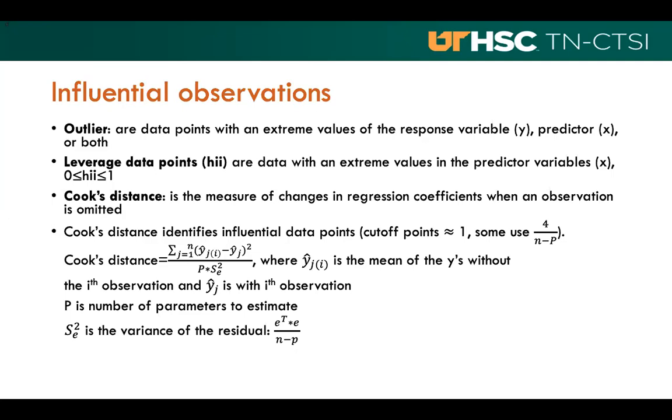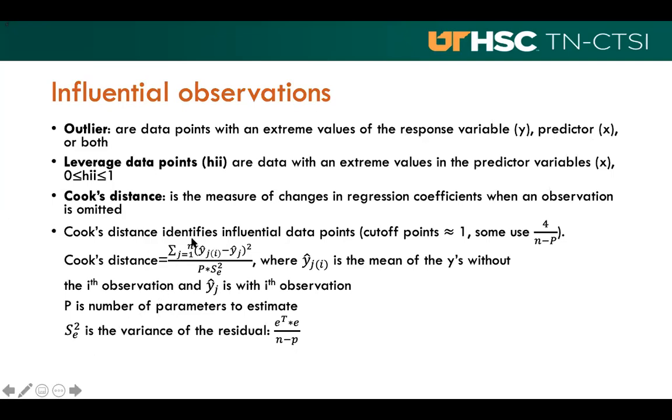So we estimate the intercept and the coefficient for the X variable, which is 2 parameters. If we have a sample size of 100, the cutoff point for the Cook's distance, according to the second one, would be 4 divided by 100 minus 2, the intercept and the beta coefficient, which gives us 4 divided by 98.